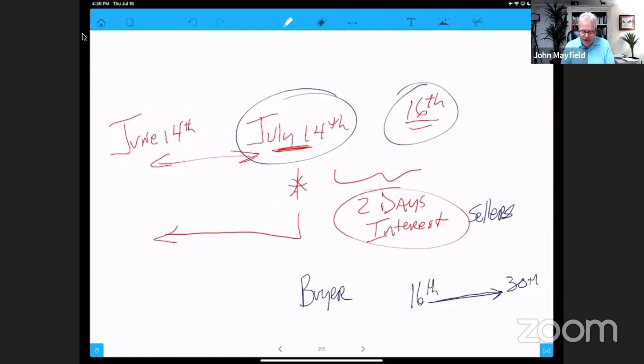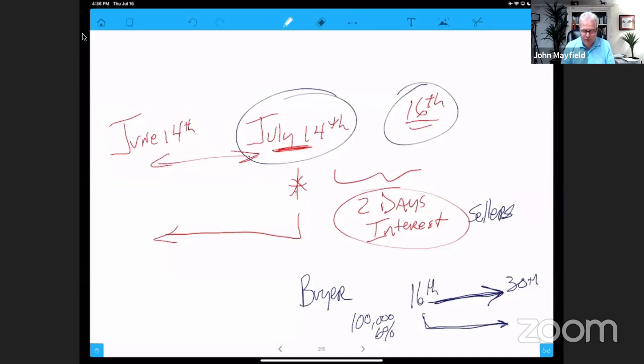So in this case, if they're getting a loan for $100,000, you take the interest rate, figure out the daily interest, and figure out how many days there are between the closing date and the end of the month. And again, they'll tell you to figure a 30-day month.